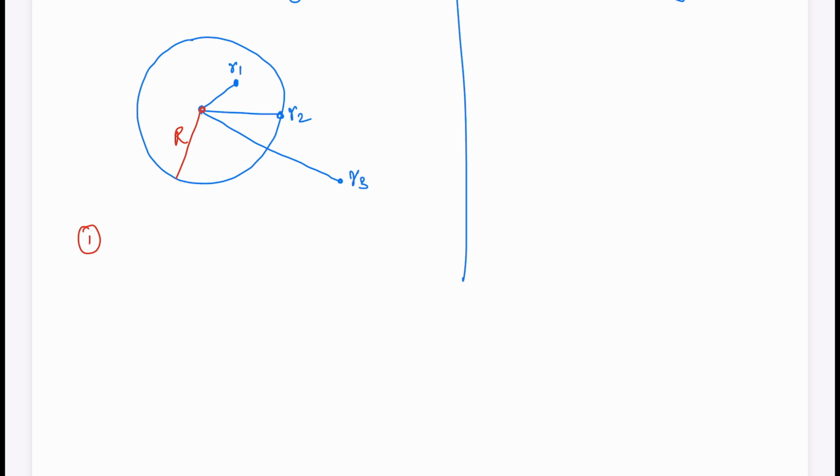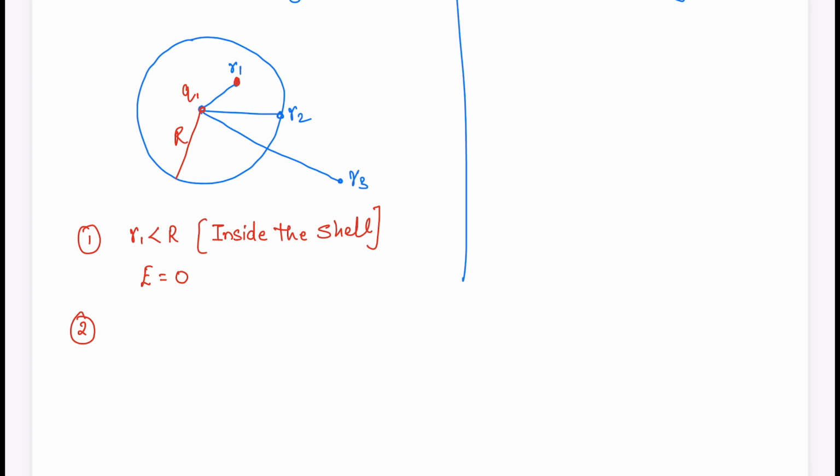Case number 1, when R1 is less than radius, inside the shell. Let's say here is charge q1, here is your charge q2, and you need to find the effect here. So what is the answer? Electric field is 0, because inside an empty surface the electric field is always 0.